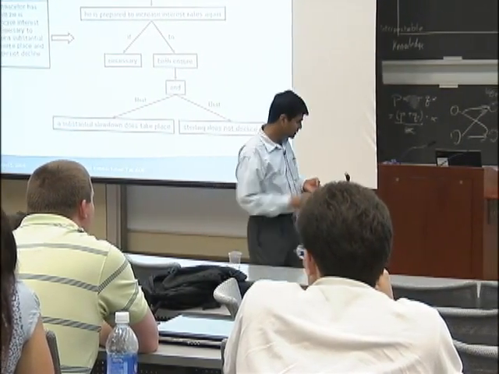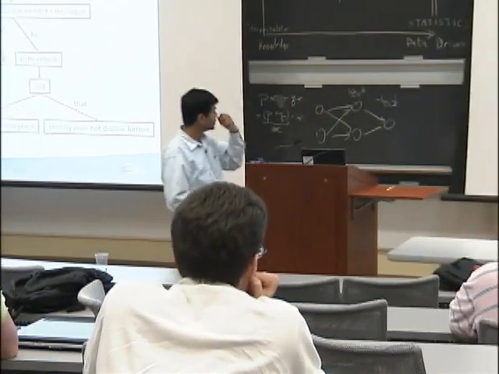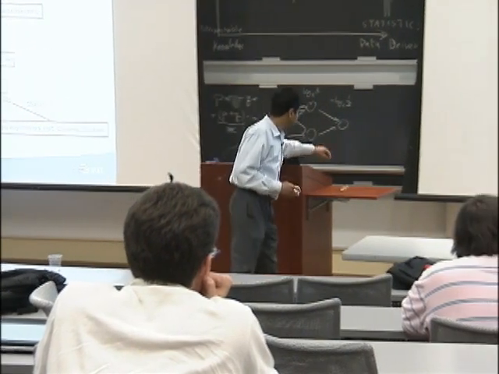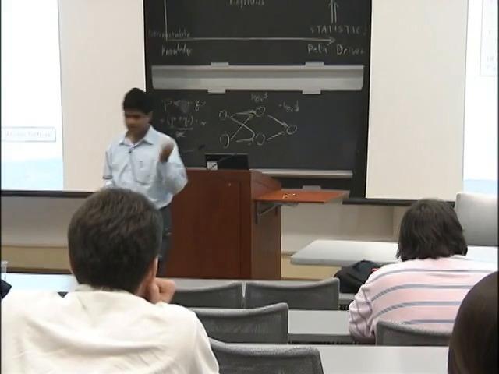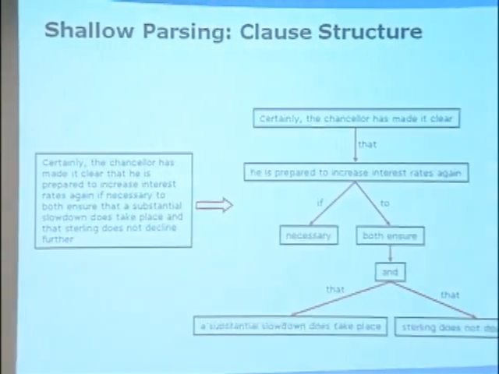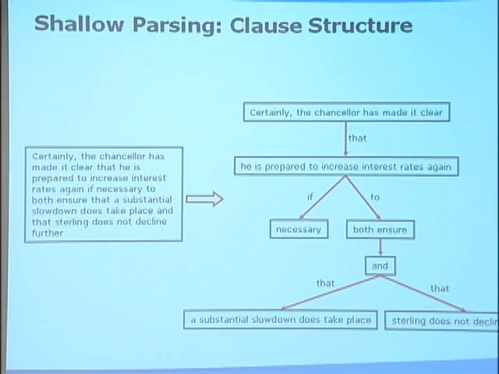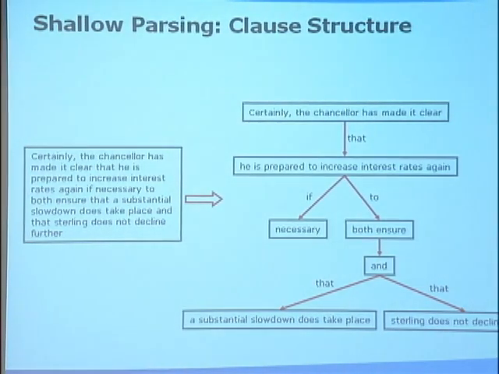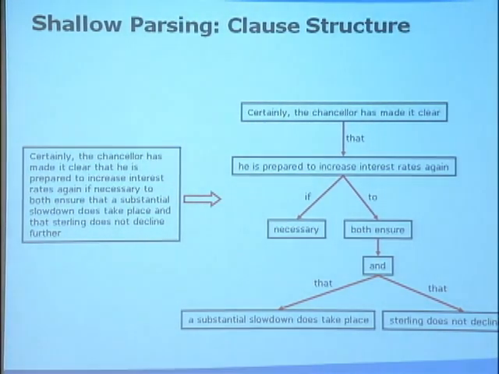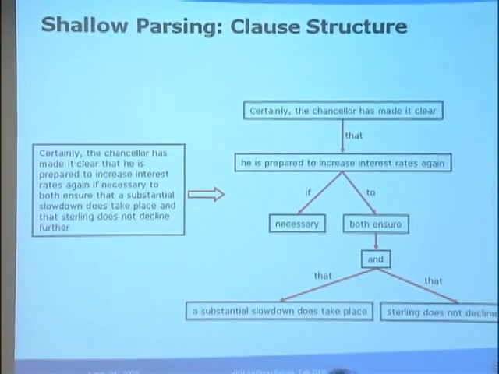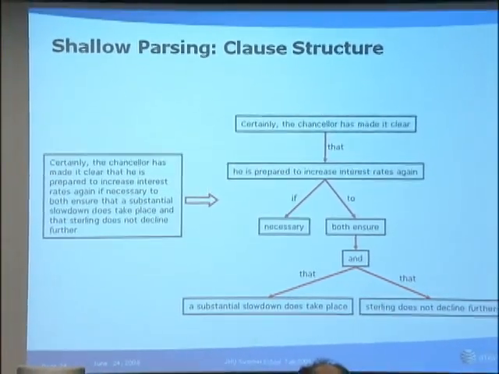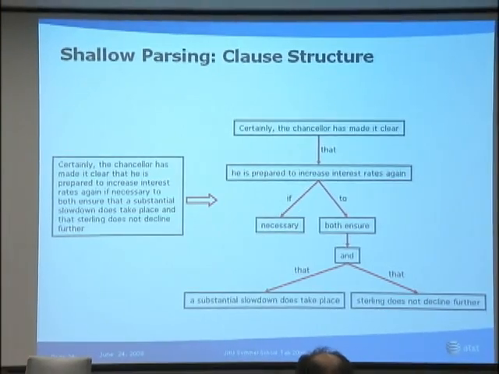All right, so let's move on to look at some of the applications or the tasks. One task is called clause structure. We want to break down a given piece of text into clauses, and clauses, roughly speaking, are the verb and its arguments, meaning subject, object. So we want to break down this kind of piece of text into something that looks like this.